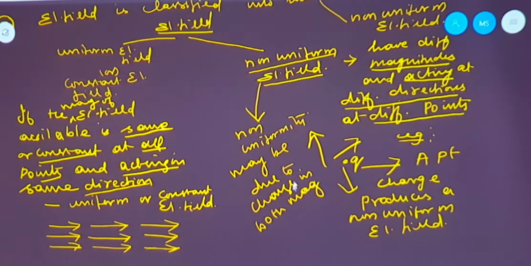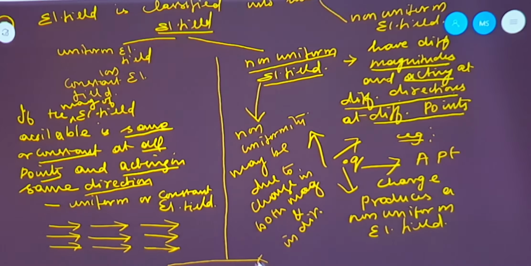Not only magnitude or not only direction, but both in magnitude and in direction. Then also you can say the electrical field is a non-uniform electrical field. These are considered to be the important aspects of the electrical field.